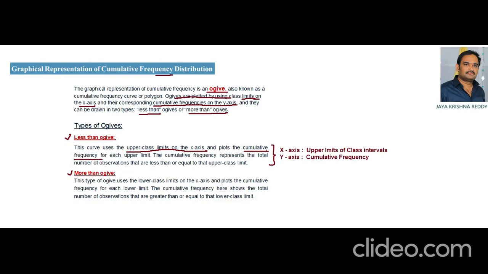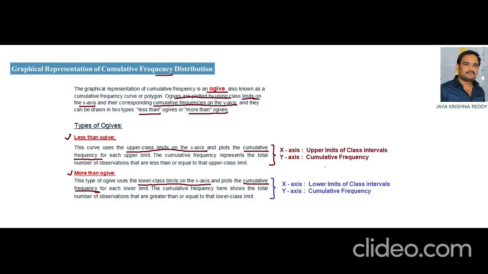And for the more than type ogive, the lower limits of the class intervals should be considered on the x-axis and the cumulative frequency values taken on the y-axis. For both ogives, cumulative frequency will be considered on the y-axis.